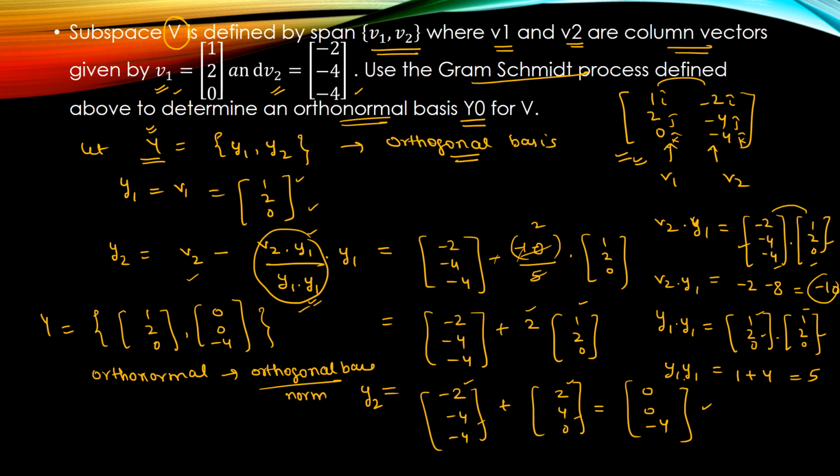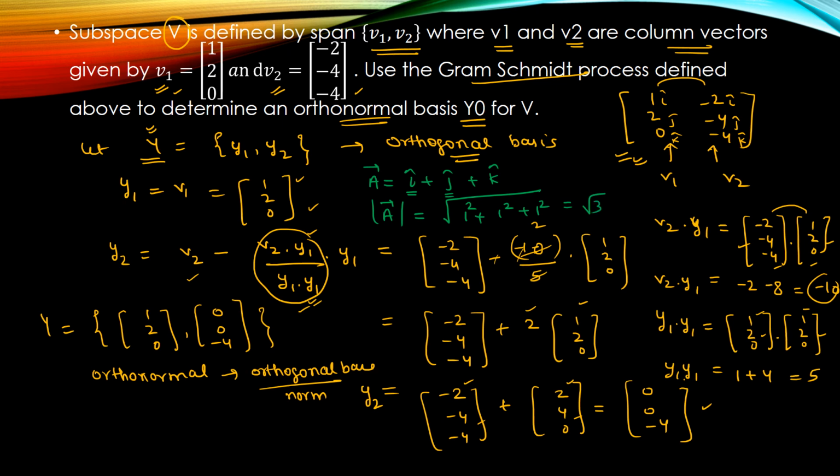Let's say you have i, j and k vectors, and A vector is this, and you are asked to find its modulus, its length. How will you calculate it? It is 1 i cap, so 1 square plus 1 square plus 1 square, correct? It will be root 3.